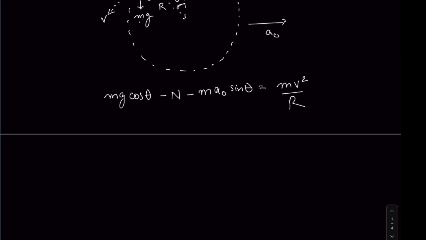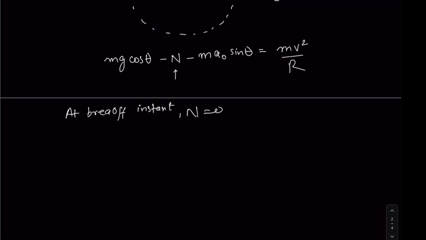Now at break-off, the contact between the particle and the sphere will stop existing. So there will be no question of a normal reaction at break-off. But right at the time of the break-off, that will be the end of the circular motion. So this equation would still hold, except that there will be no normal reaction. So at break-off instant, N equals 0.